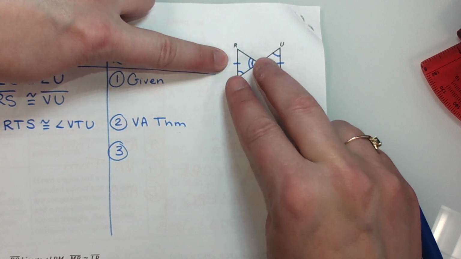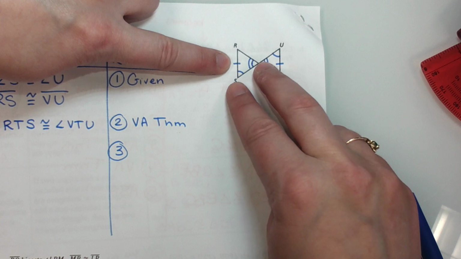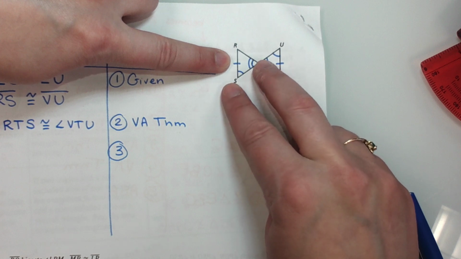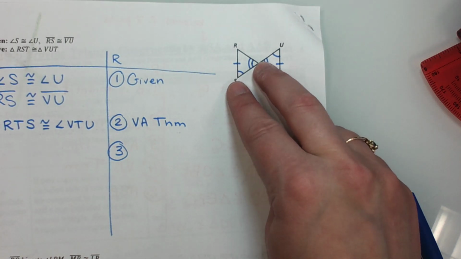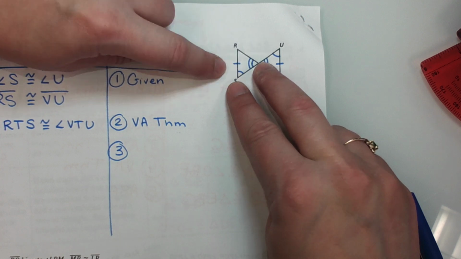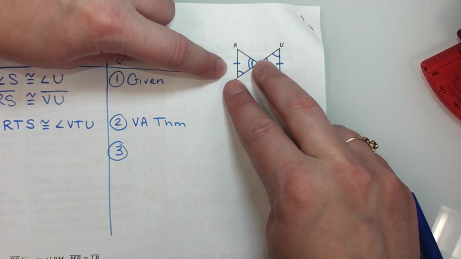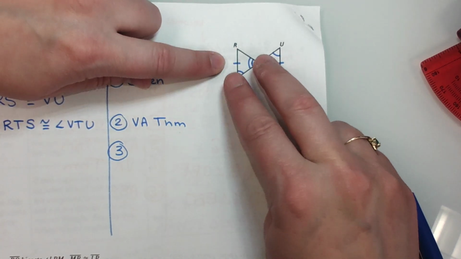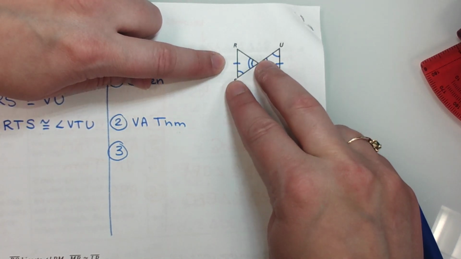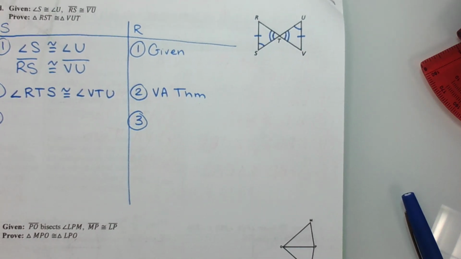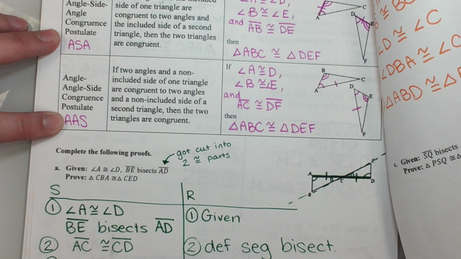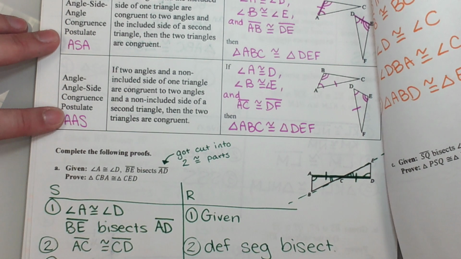Or is it not? Not sure? Jada? Is this side between those 2 angles? No. No? Haley, do you think this side is between the 2 angles? No? Zion, do you think this side is between those two angles? No. If the side is not between the two angles, is it angle, side, angle, or angle, angle, side? Angle, angle, side.